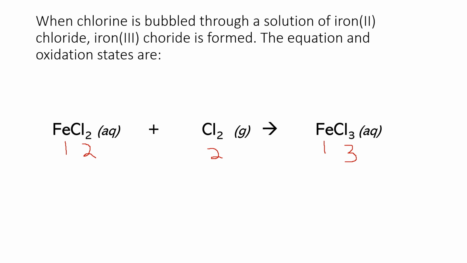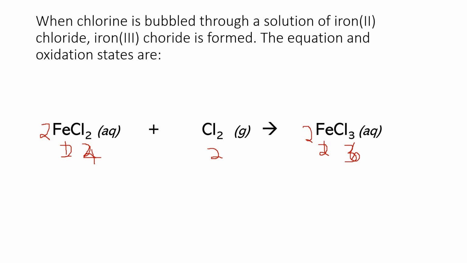Saya cuba letak 2 di sini. Okay. So now iron dah jadi 2. Klorin dah jadi 4. Okay. And then saya letak 2 lagi di sini. So iron jadi 2. Klorin jadi 6. Jadi total number for iron on the left side is equal to 2.